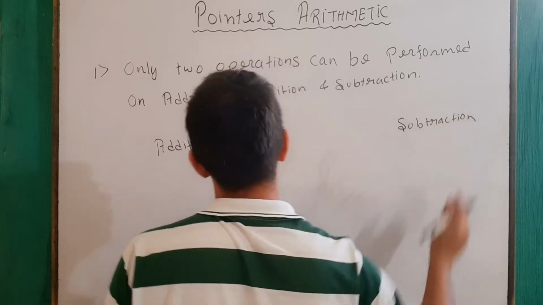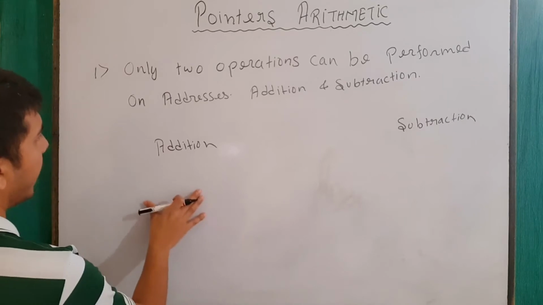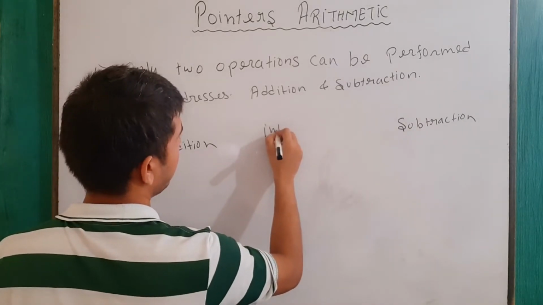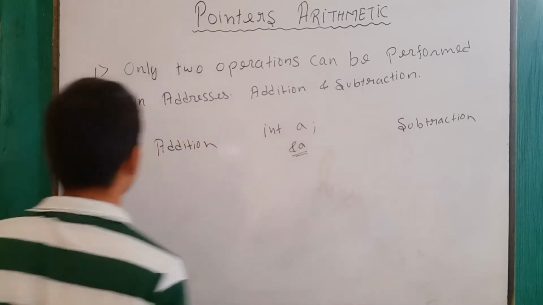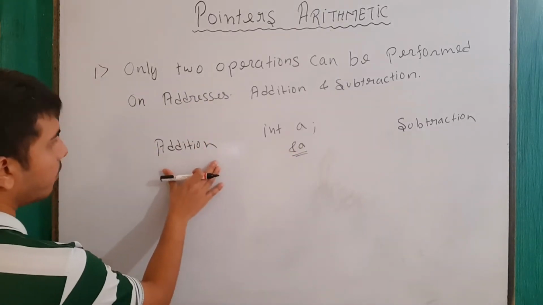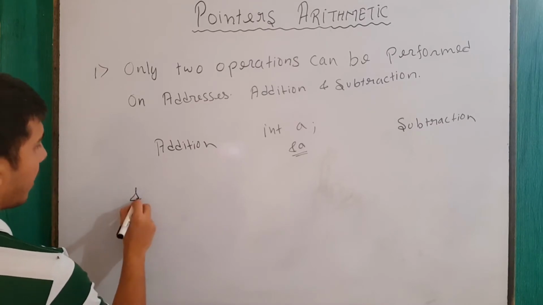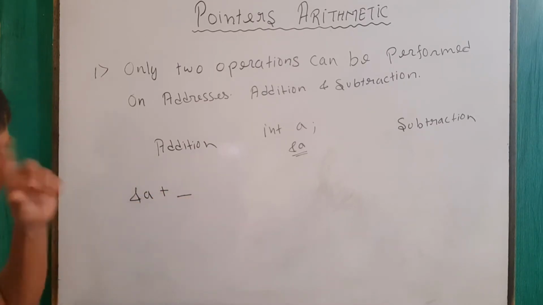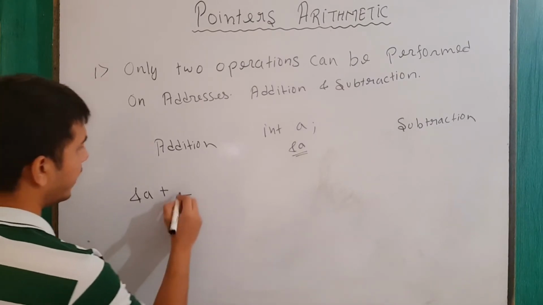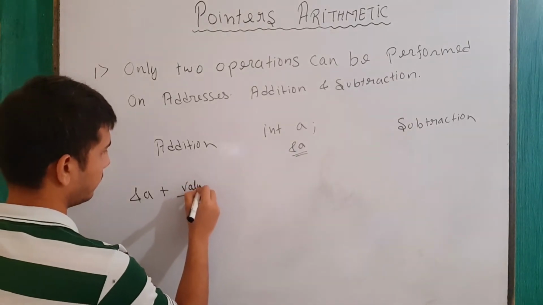Now it means that if there is an address, let's say there is a variable int a and its main address would be &a. Now if I need to perform addition, then I have to perform it with some value. Remember that here it should be some value.